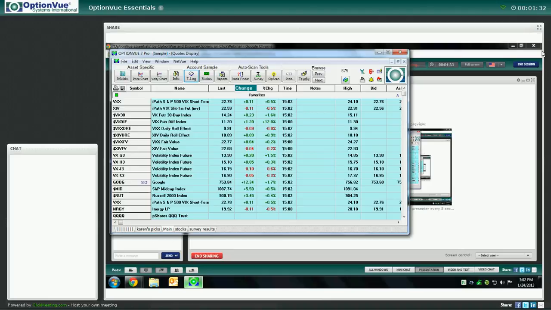Anyway, we are looking at a couple of things today. I had a customer yesterday who wanted to know more about Len's VXX trading tools. I'm going to save that one till the end of the presentation. But I did list on the quotes display, which is the home base screen of OptionVue, all these indicators you can see here: the VXX, XIV, and indicators that Len and Steve from our company developed to show you crossover lines of when the VXX and XIV need to be bought or sold.